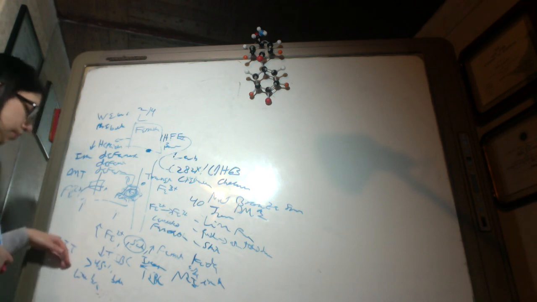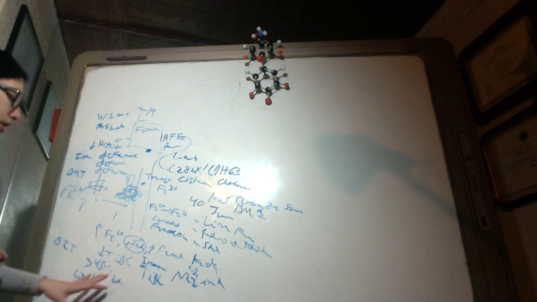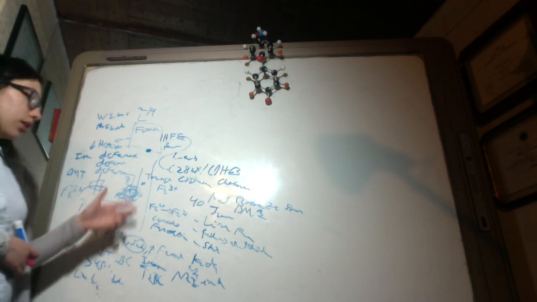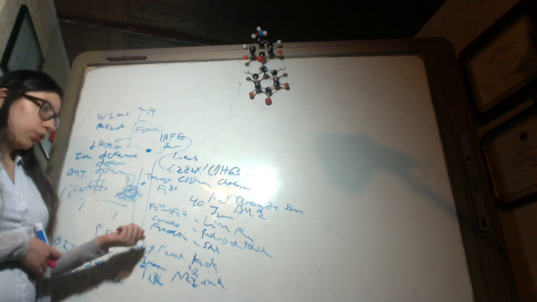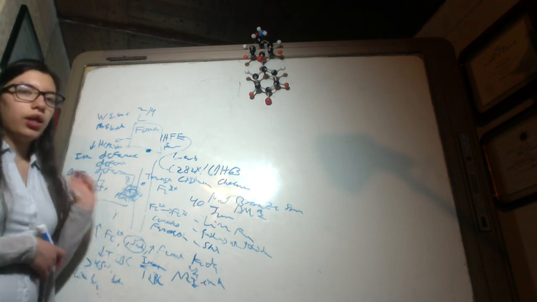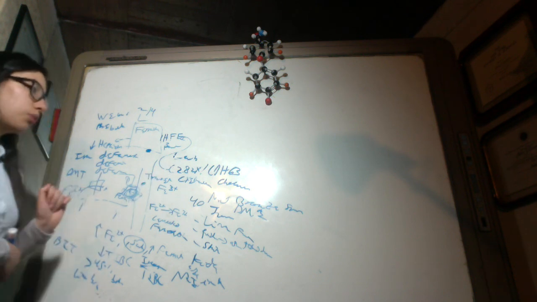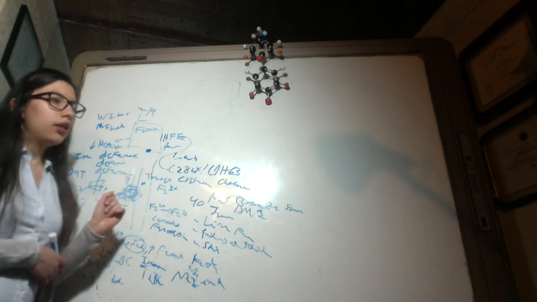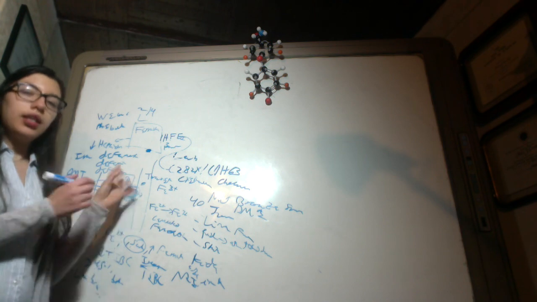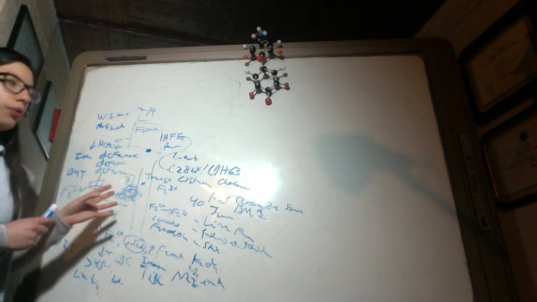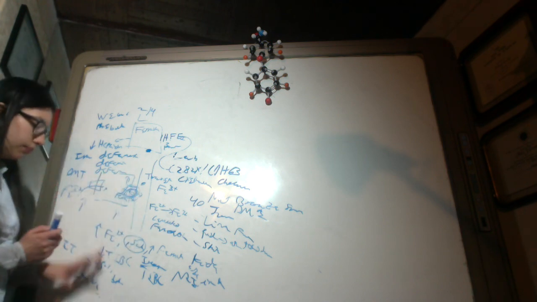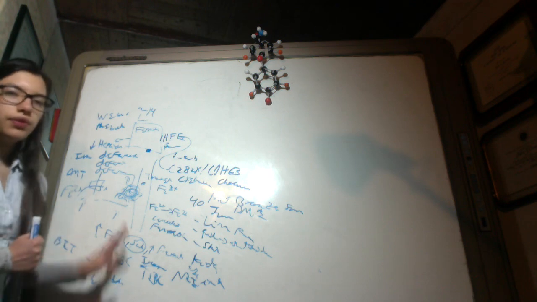We begin with the best initial test, the iron studies, then the genetics, and then we see if we need to do the biopsy or we can avoid it by doing an MRI if the patient is homozygous for this mutation. And the screening for hemochromatosis is when we find a transferrin saturation greater than 55%.